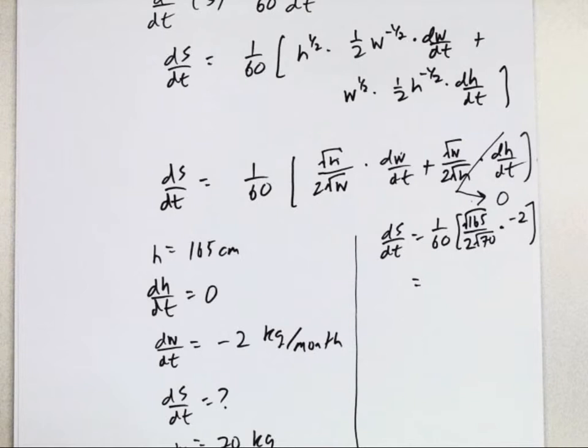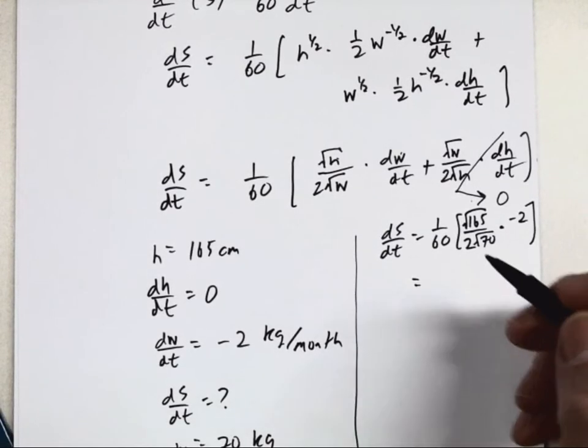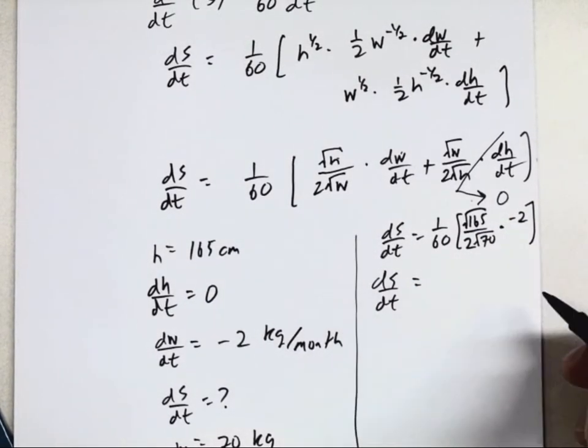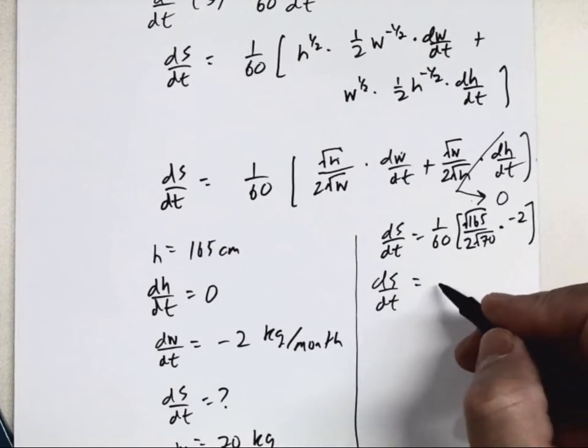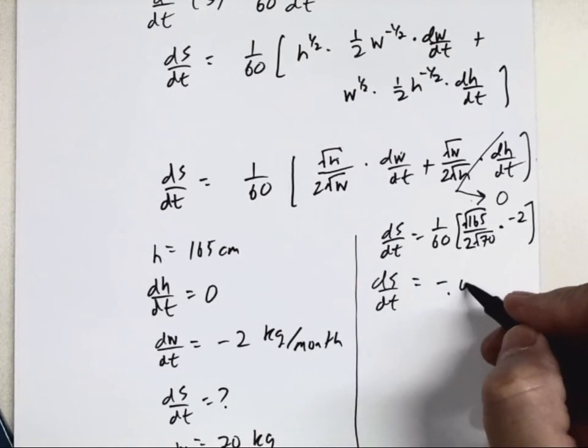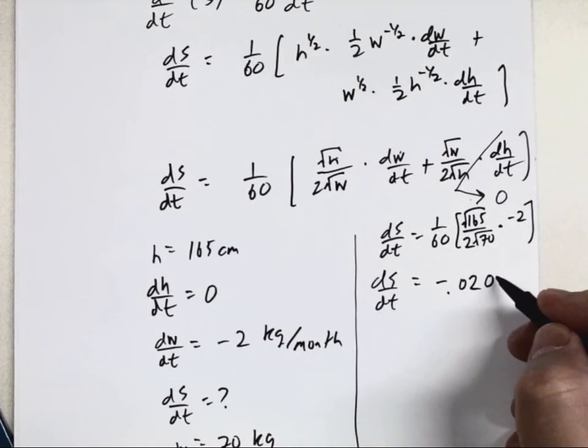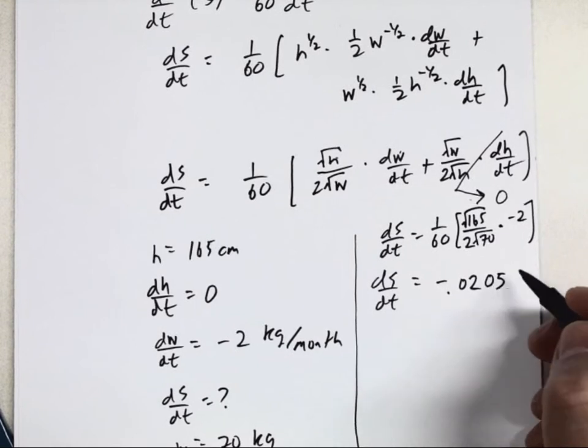Oops, hit the wrong button. 165 square root divided by 2 divided by 70 square root, minus 2, divided by 60. So I got an answer of -0.0205.